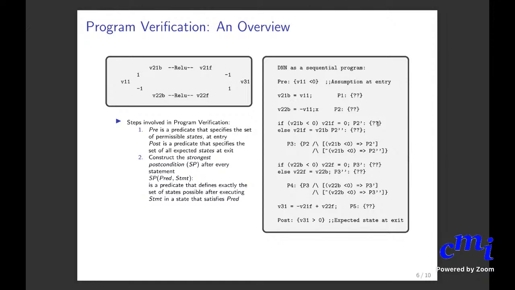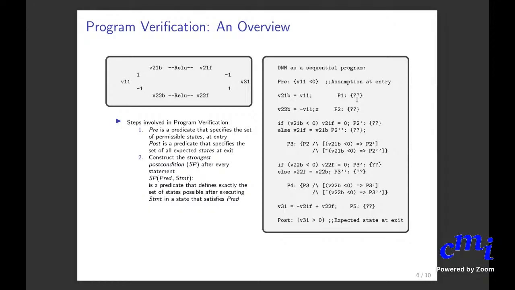Similarly, if V21B is greater than or equal to 0, then V21F will be equal to V21B. And that is the basis for how we ended up modeling it as a DNN, as a conjunction of these formulas.